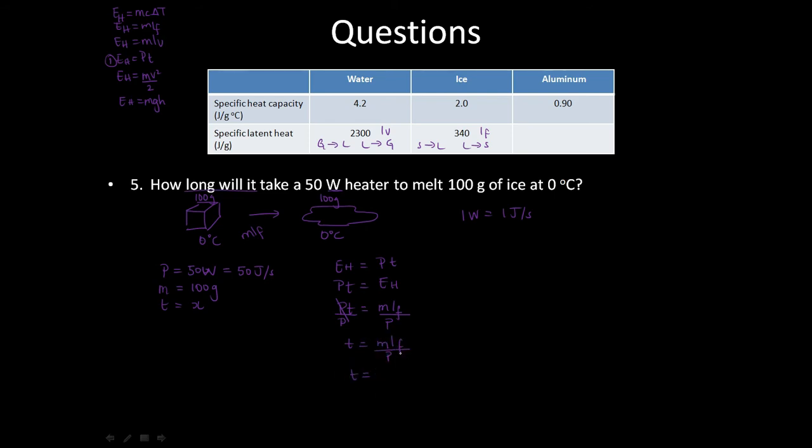So if we fill it in now, we say the mass is 100 grams. The latent heat of fusion is 340, so I'm going to put that there to make it complete. So we're going to say 340 joules per gram. And in the power, we're going to use joules and seconds, because we want to get rid of joules and we need the seconds to make sure our calculation makes sense to us. Now, what I often do with my students, I will tell them, take out the units and calculate the units.